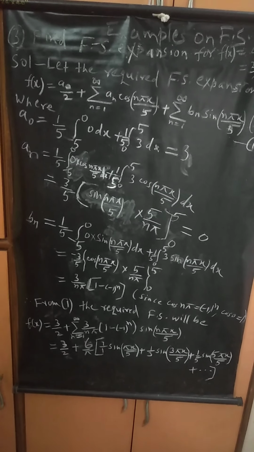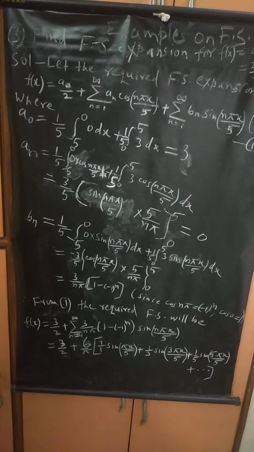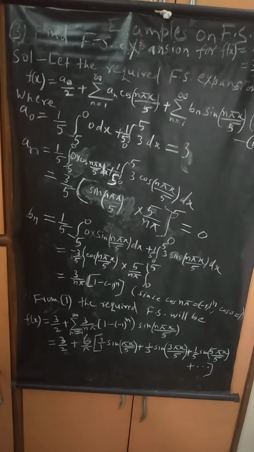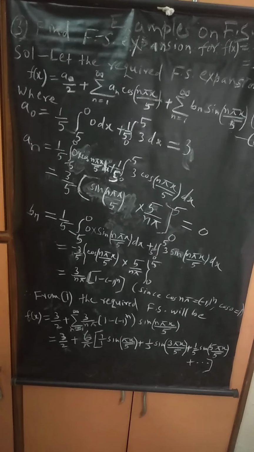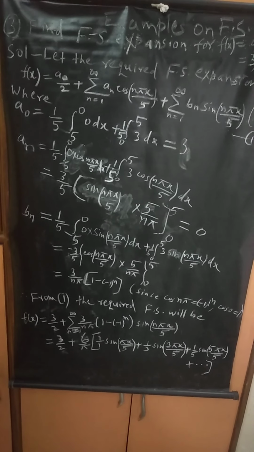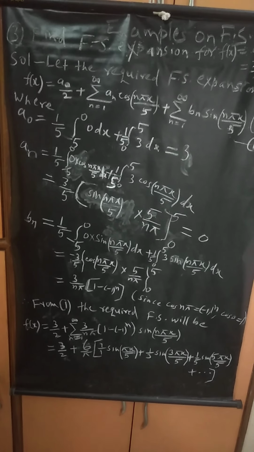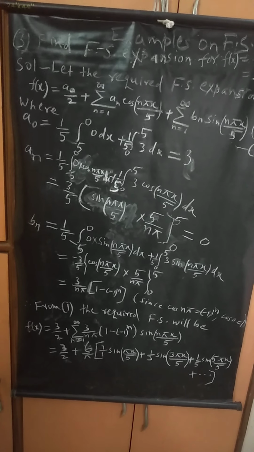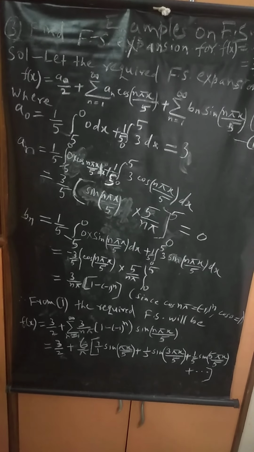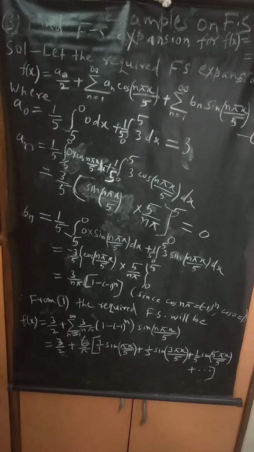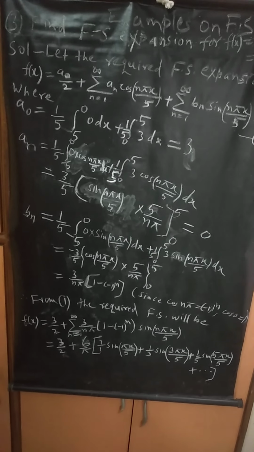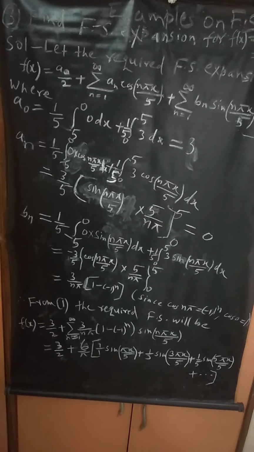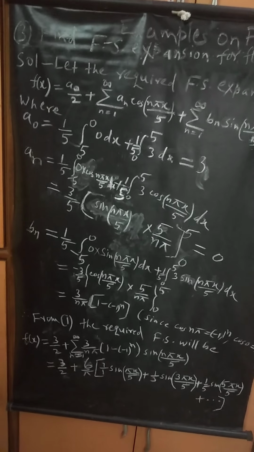Putting these values of a0, an and bn, we get the required Fourier series expansion of the given function f(x) as 3/2 + summation n from 1 to infinity of 3/(n pi) times (1 minus (minus 1)^n) times sin(n pi x/5). Here the cos term will not appear because an is 0.